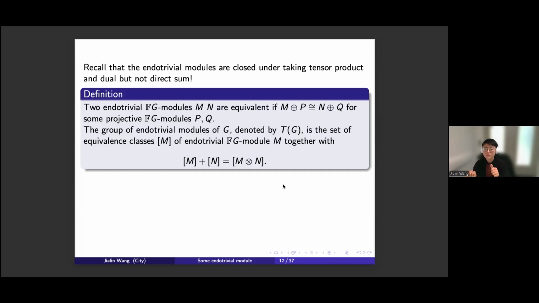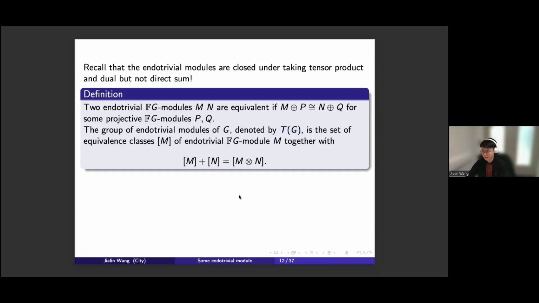And the group of endotrivial modules of G, denoted by TG, is the set of equivalence classes together with the operation plus. So M plus N is the equivalence class containing M tensor N. Here I use addition because the tensor product is abelian, so M tensor N is isomorphic to N tensor M. So you do get an abelian group TG.